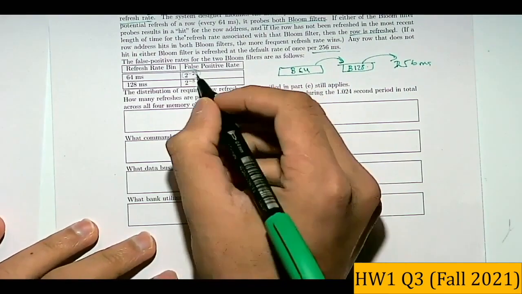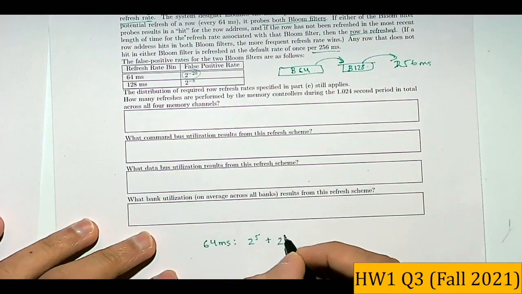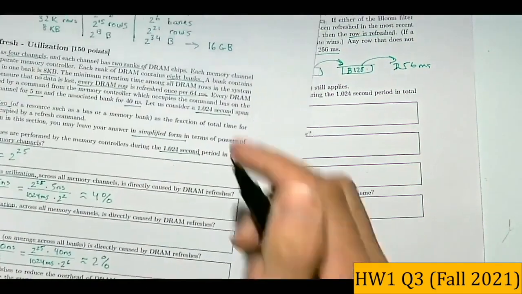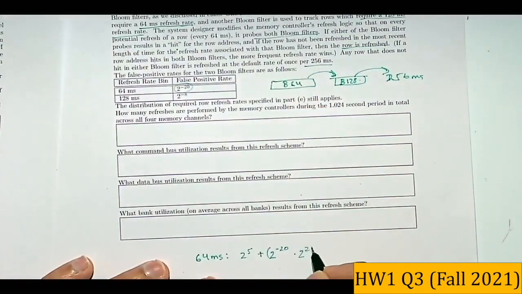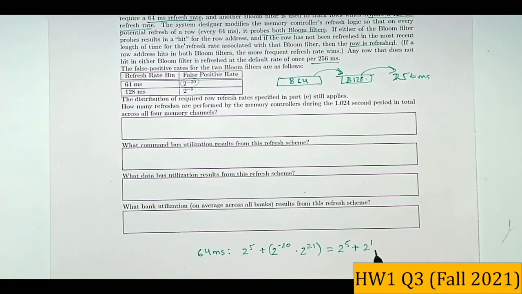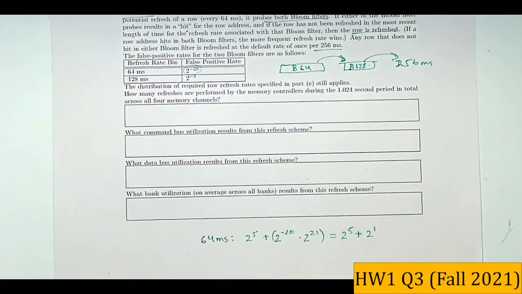So the probability that an address will become a false positive is 2 to the minus 20, times the total number of rows in the system. The total number of rows is 2 to the 21, so that is just 2 to the 5 plus 2 to the 1. This is the number of rows that will end up having 64 millisecond refresh because of the false positive rate.